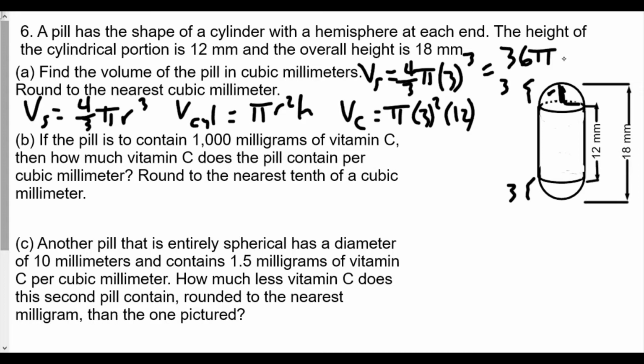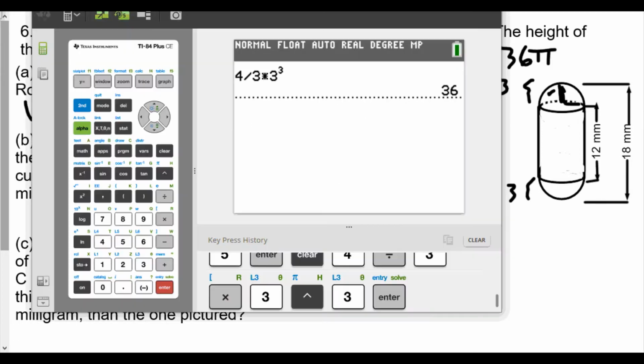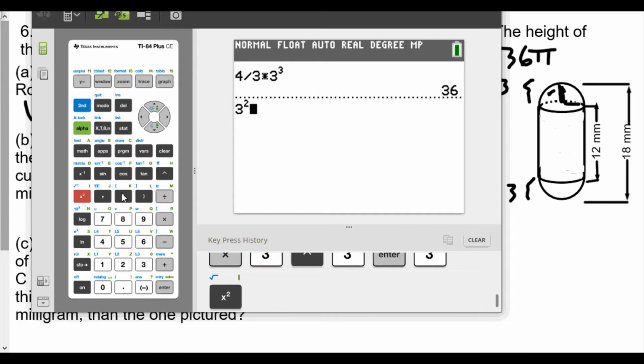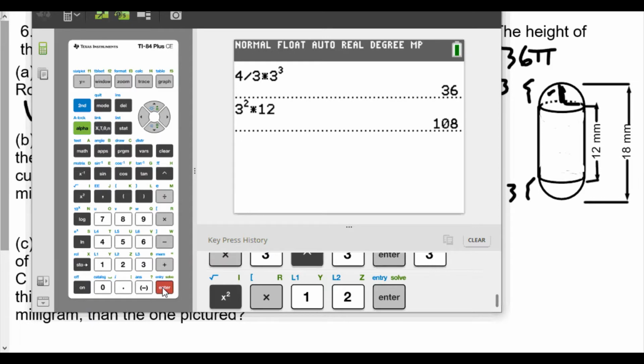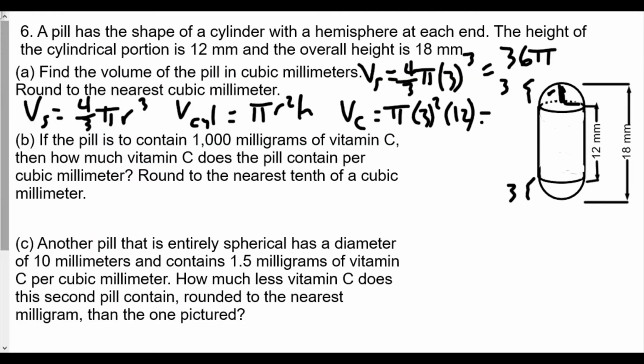Now for the volume of the cylinder. Again, we'll do it in terms of pi and then combine them together. We take 3 squared times 12, and that gives us 108 pi.